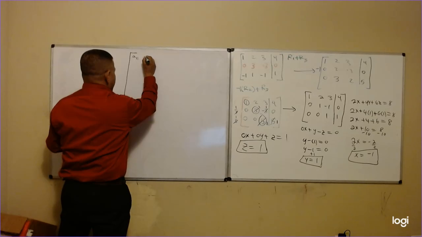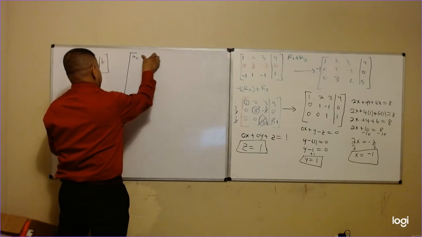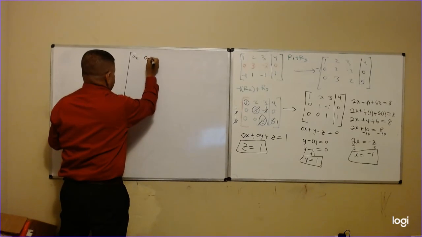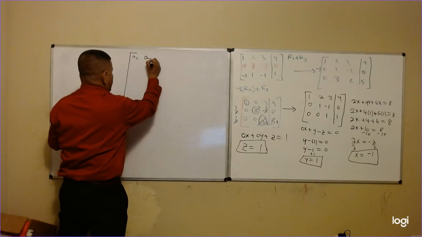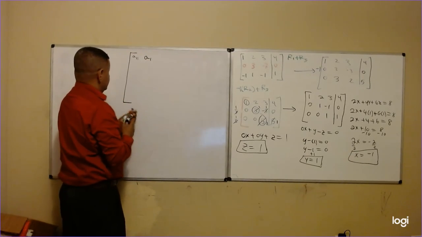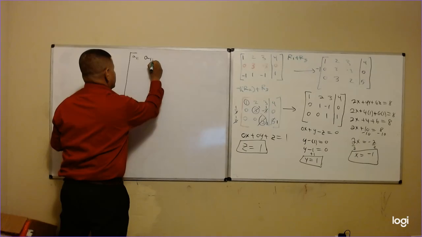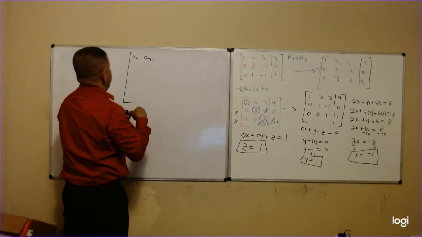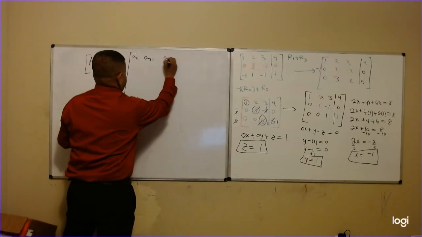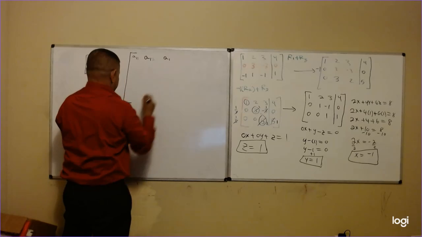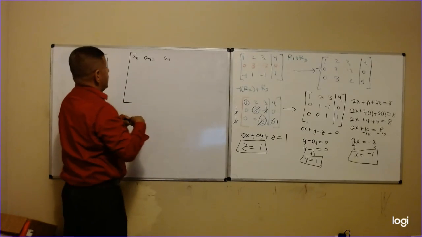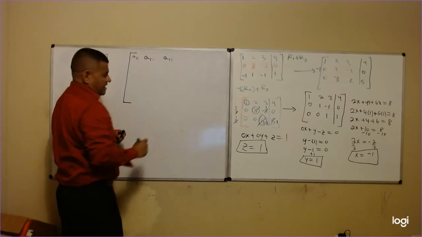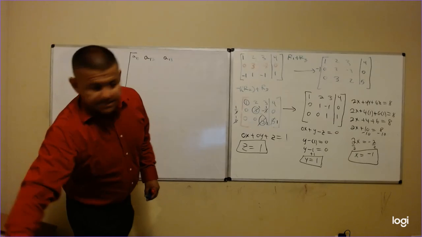So that will be A1, column 2. See that? And then will be A1, column 3, and so forth, right?